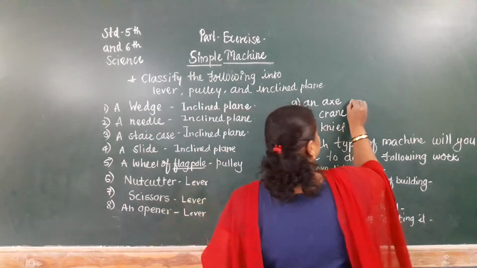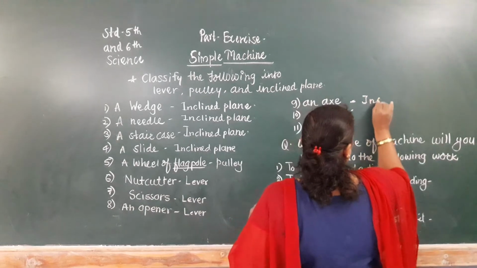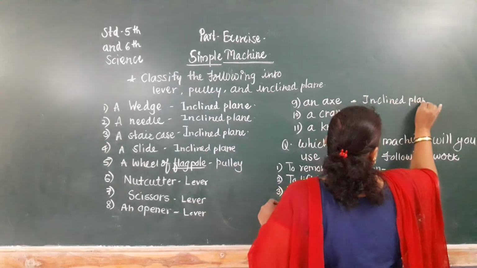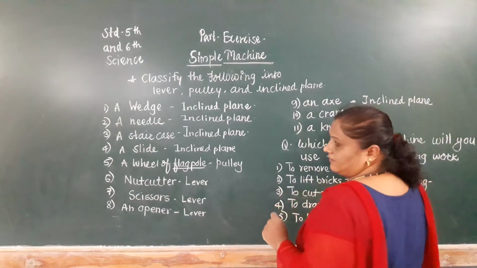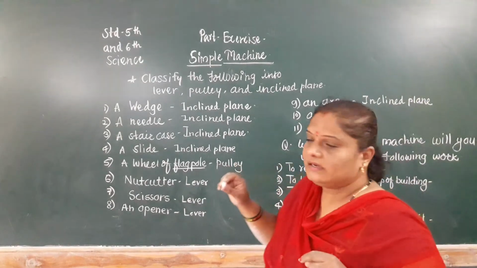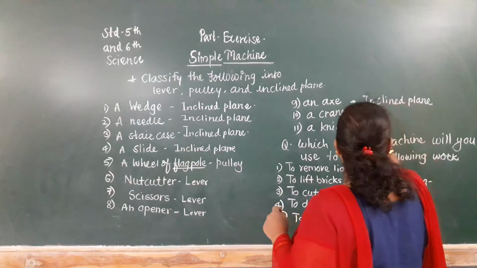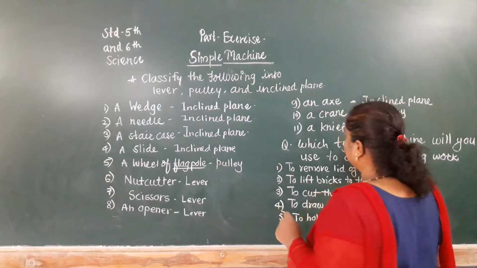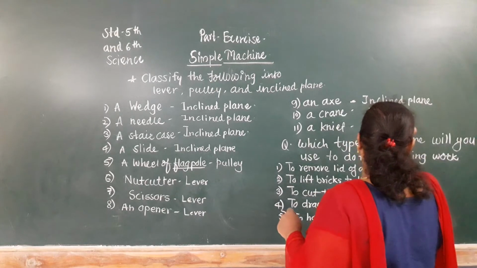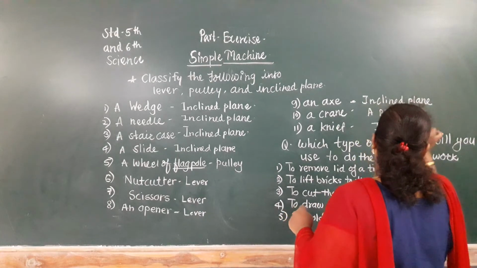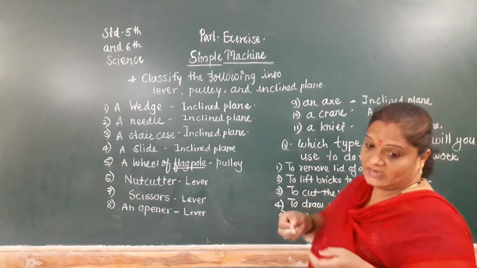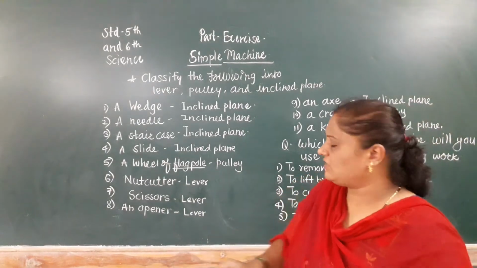An axe, inclined plane. A crane, a crane has a pulley. A knife is an inclined plane. Or you may say it is a wedge also.